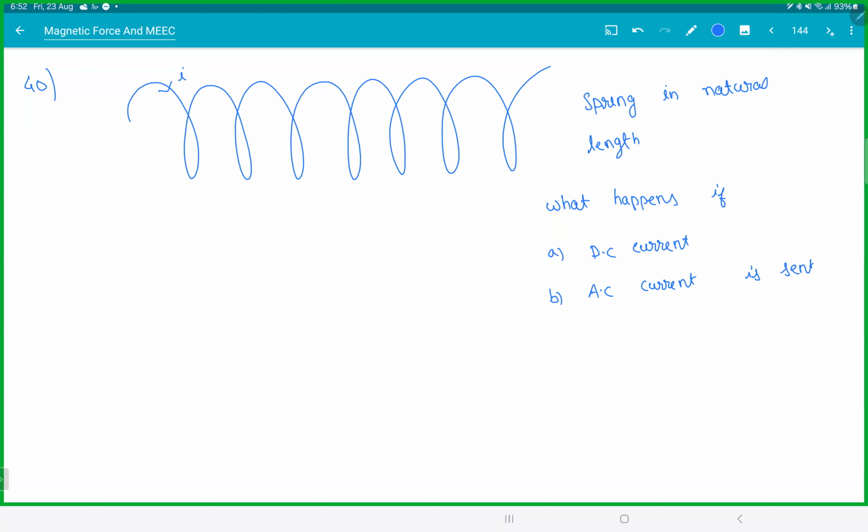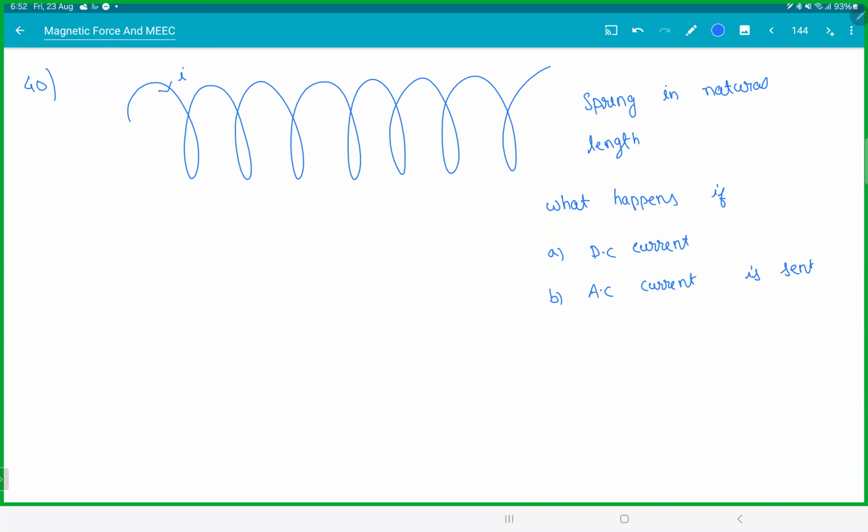So that option is also there: it depends on the direction of the current. It could be inwards or outwards. It depends on that. Think. It's a good concept.